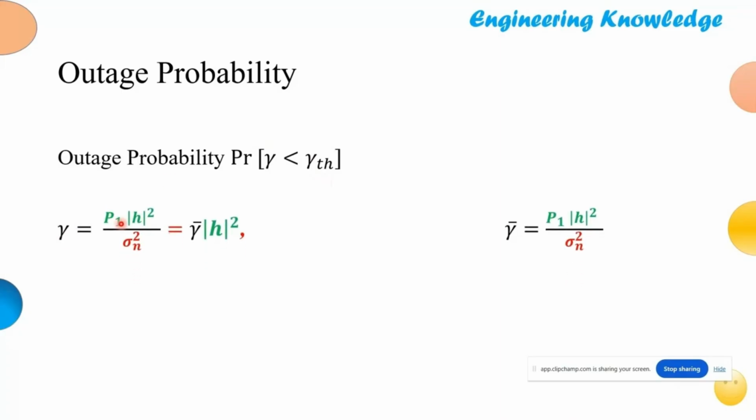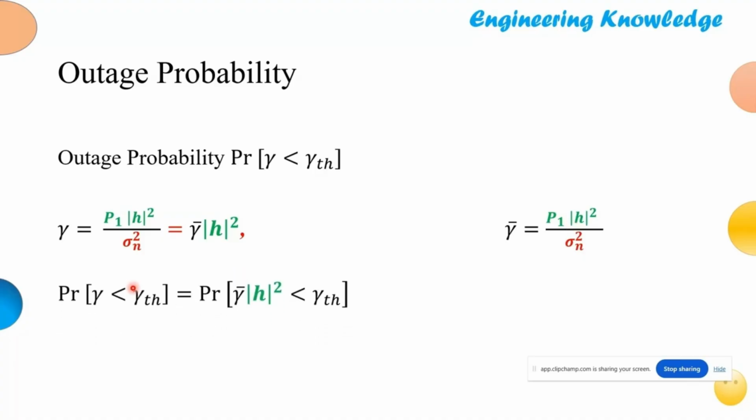If our gamma is P1 mod h square upon sigma n square, we can assume P1 upon sigma n square to be the average SNR gamma bar. So our instantaneous signal to noise ratio is the average signal to noise ratio multiplied by mod h square, where gamma bar is P1 upon sigma n square.